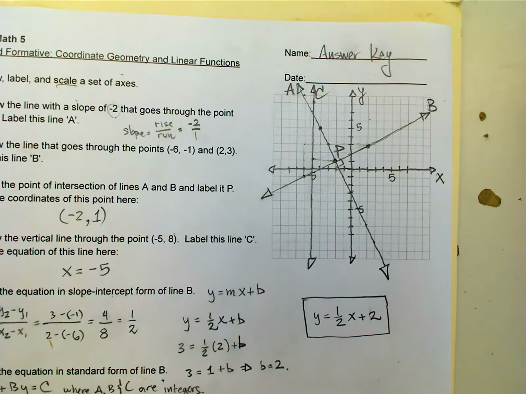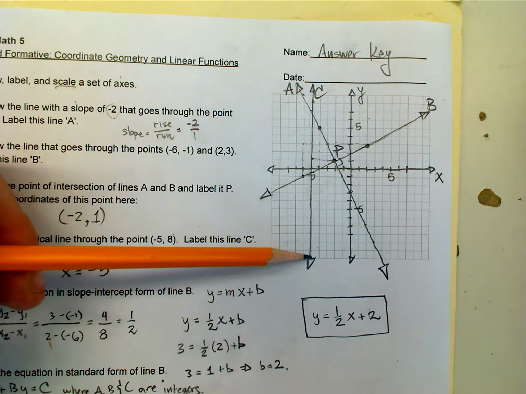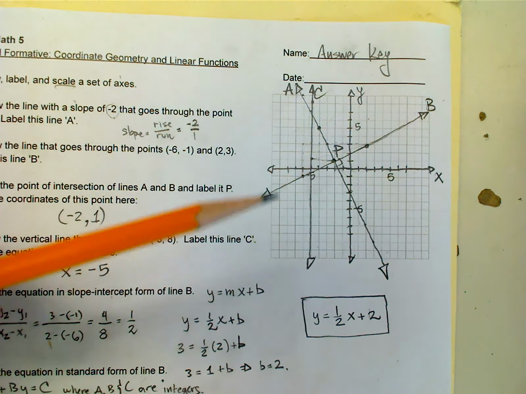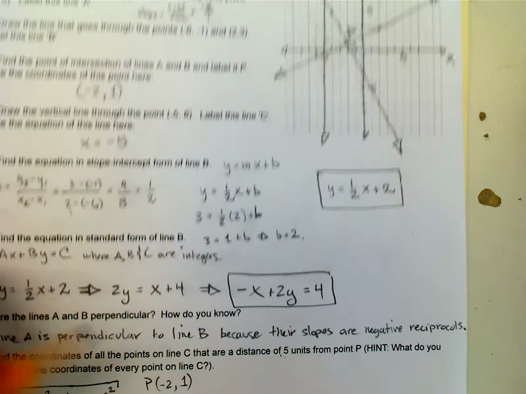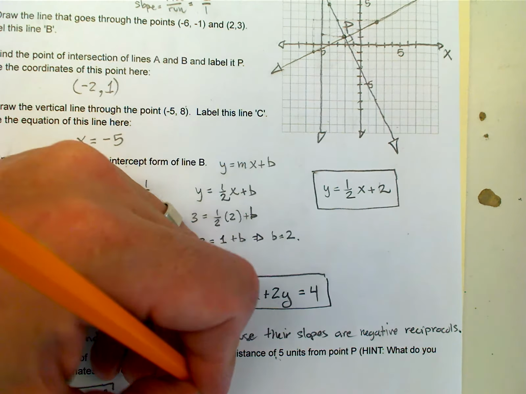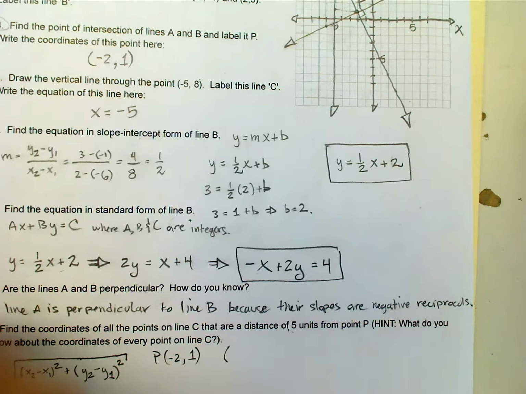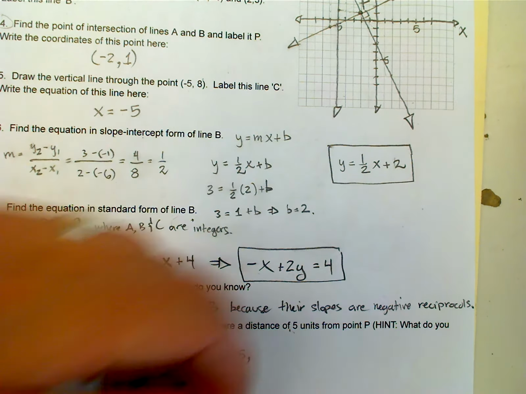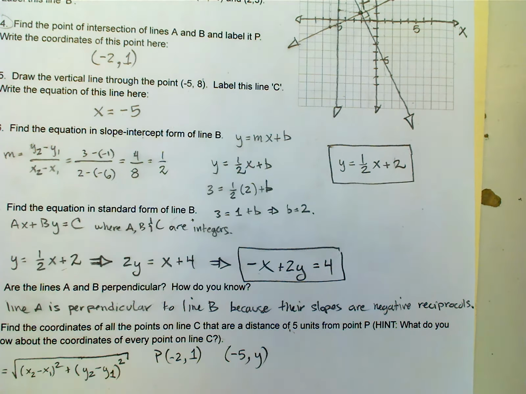Well, I mentioned this when we drew this line, x is always equal to -5 on this line. So the point that I'm looking for is going to have a -5 for x. And then I don't know what the y value is. That's what I need to figure out in order to locate the point. It's going to be some value, and I'm just going to represent it here with y.